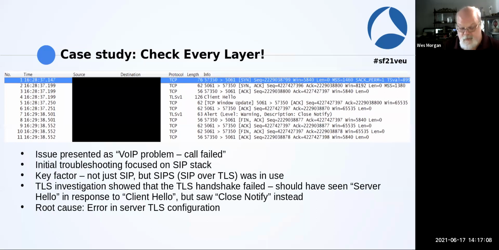There, again, the things people normally use to blame the network. There are no retransmissions, there's no packet loss, everything checks out, but we go up one layer to TLS, and then we find the issue. This happens very frequently.